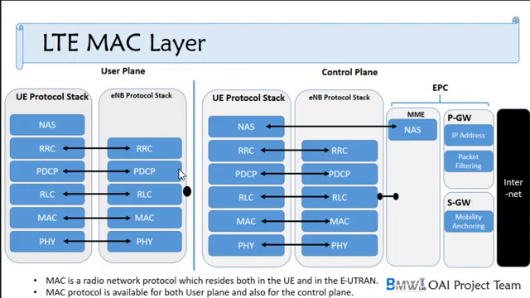In the LTE network, there are the UE and the eNode B, and this part is the EPC. So I put a circle here. It means there is a difference between the user plane and the control plane. The control plane goes directly to the EPC, and the user plane also goes directly to the EPC.